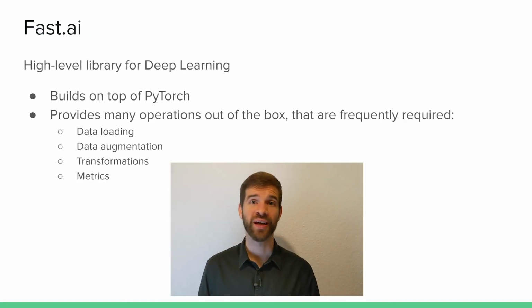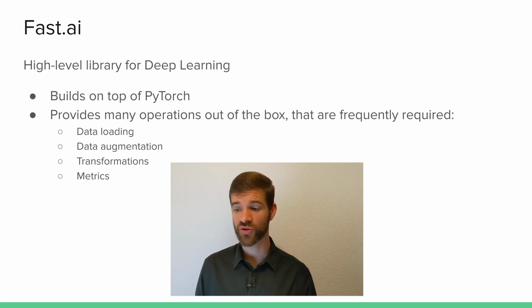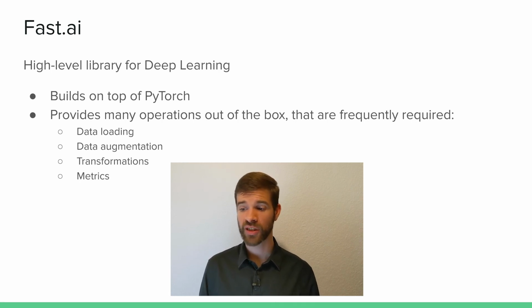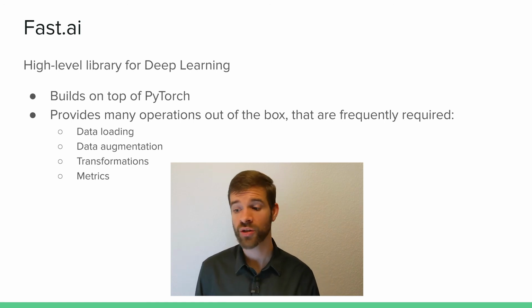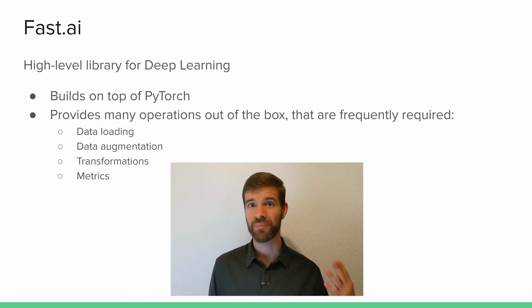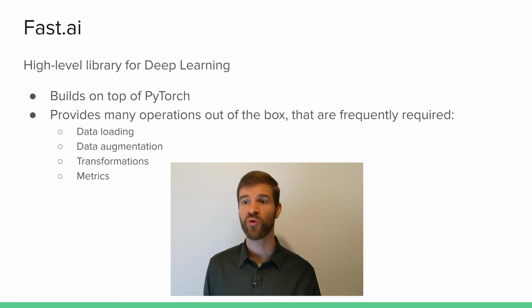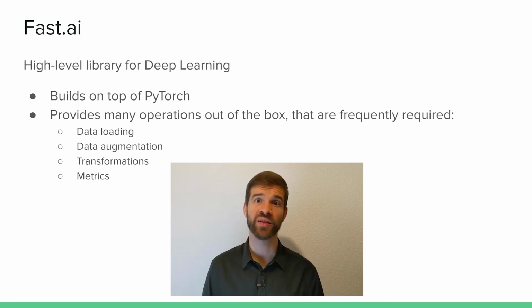Fast AI would be a similar project where they also have a high-level library for deep learning that is also built on top of PyTorch. I would say it's also very useful to maybe even use them in combination. It provides many tools for operations that are repeatedly written for no reason.